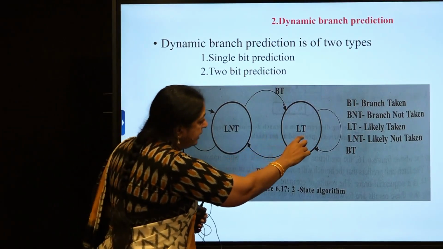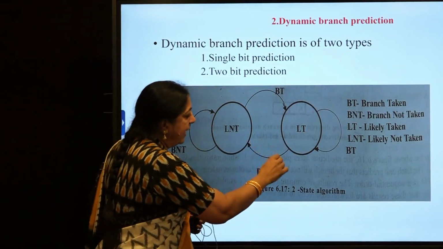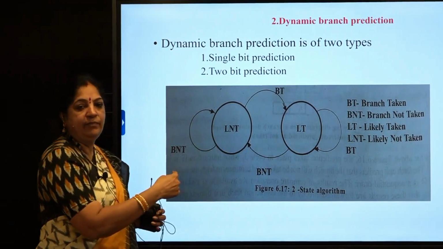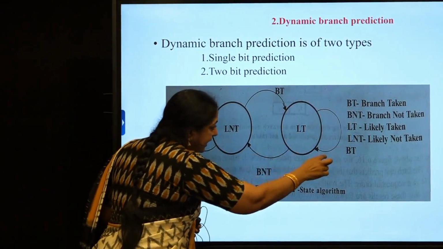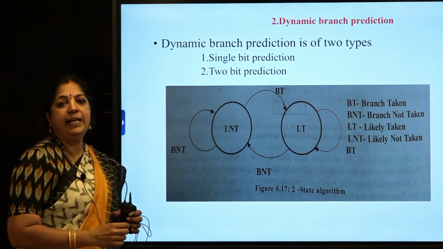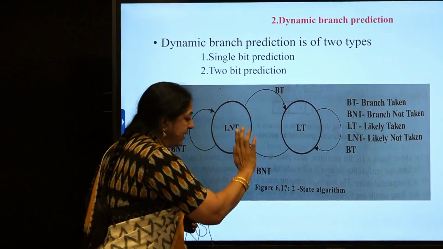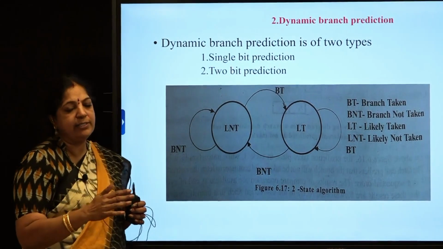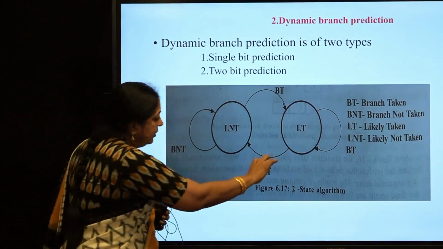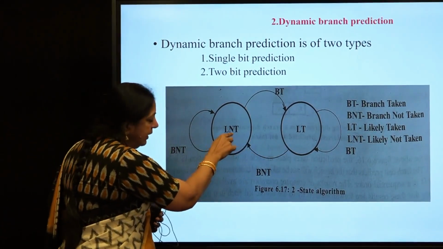Suppose it is likely to be taken and the branch is taken, then again next time the prediction will also be likely taken. Suppose your prediction is likely to be taken, but the actual result is branch not taken, then the next prediction will be likely not taken.